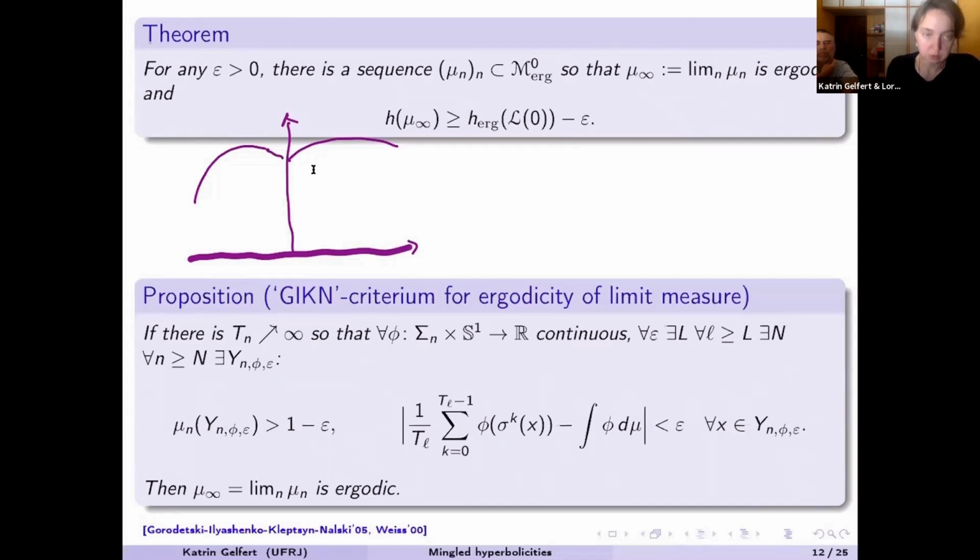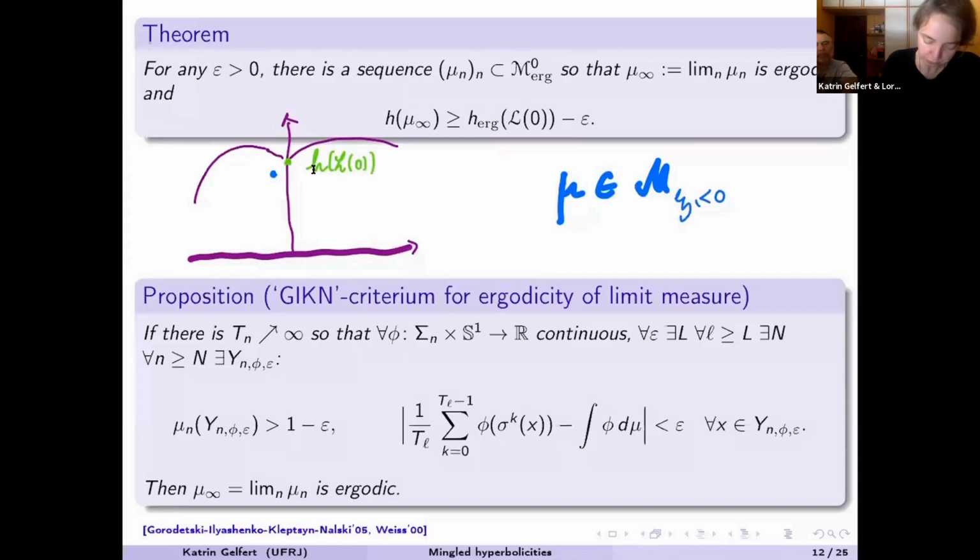I'm a bit confused. Okay, so in fact, our starting point is a measure mu, which is ergodic and of contracting type. And as I tried to convince you, it can be chosen with entropy arbitrarily close to the entropy of our level set.